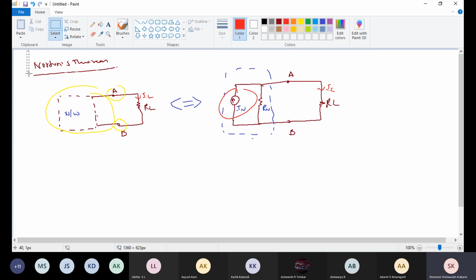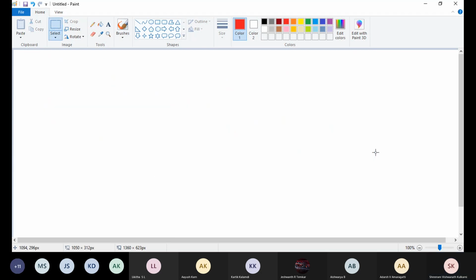Here, find the current through 10 ohm resistor in the given network.